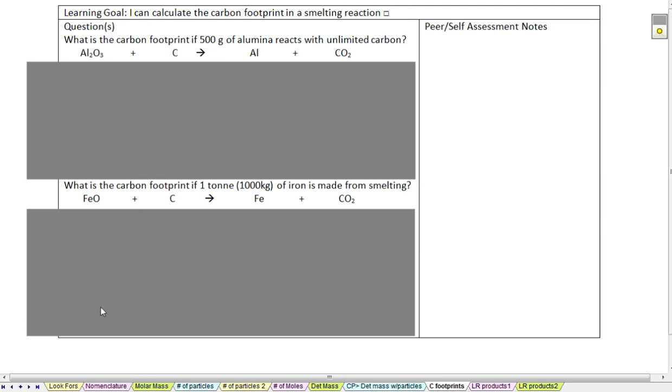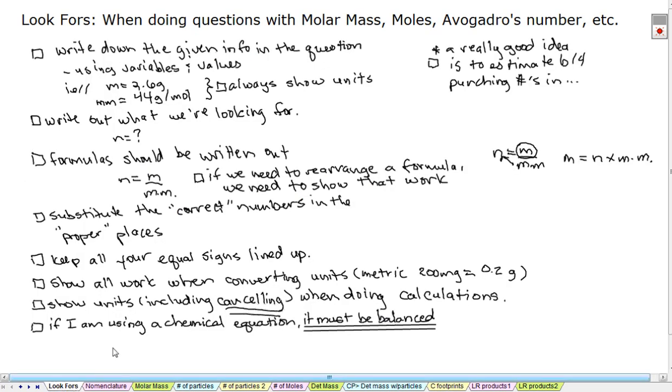Before we jump into it, though, I just want to draw your attention to some look-fors. These are things that the teacher looks for whenever a question's being done. If you follow these look-fors, you're ensuring that you're doing the questions properly, and if you ever want to assess your work or get a peer to assess whether you're doing questions correctly or not, this is what you would look at.